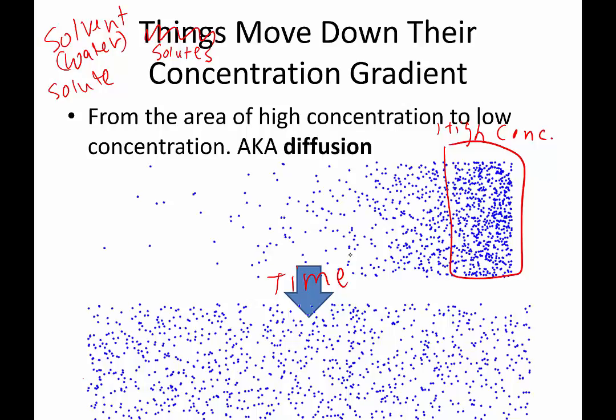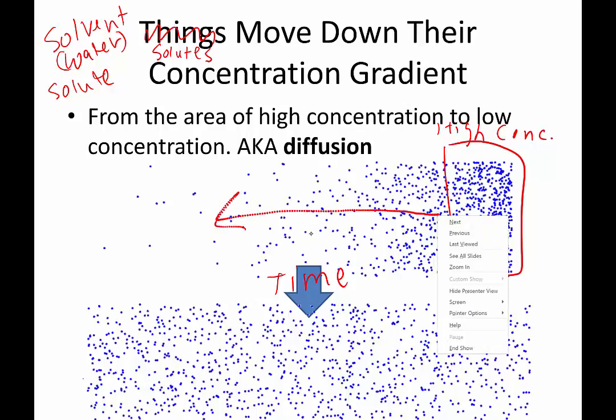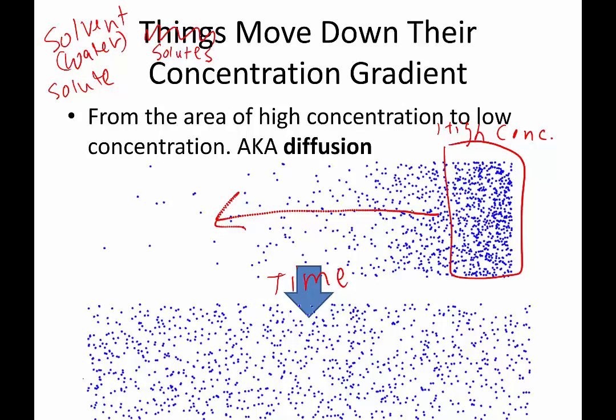Again, it's going to go from the area of high concentration to the area of low concentration, in this case from the right to the left. It's going to look like this over time. So you're going to have an even distribution of that molecule over time. And all of this taken together is known as diffusion: going from the area of high concentration to the area of low concentration.